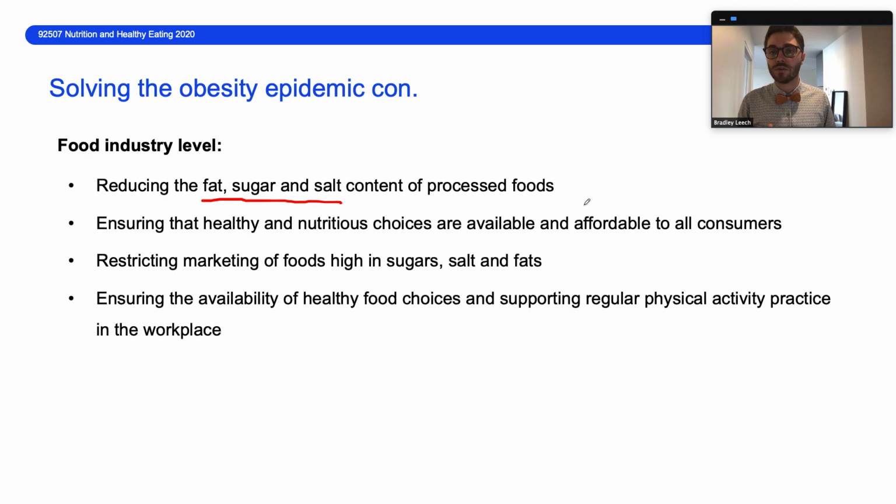So reducing those fats, sugar, and salts could be a method by which we could reduce this obesity epidemic which is among us. Making sure that there are accessible, healthy, and nutritious food choices, affordable as well. Restricting marketing of food high in sugar, salts, and fats, especially in and around the afternoon when children are more likely to be watching TV.